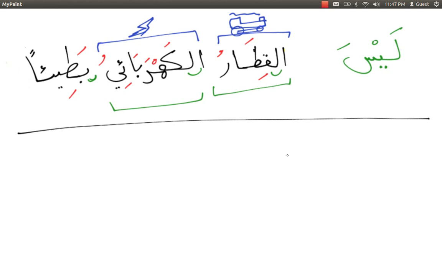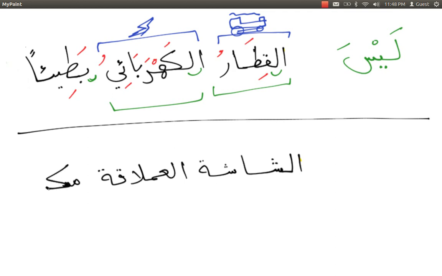Okay, so the sentence is الشاشة العملاقة مكسورة. الشاشة العملاقة مكسورة.